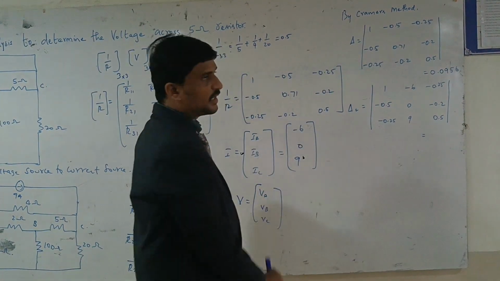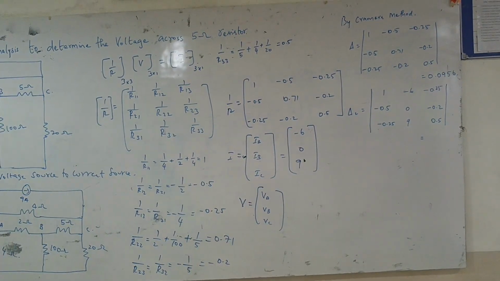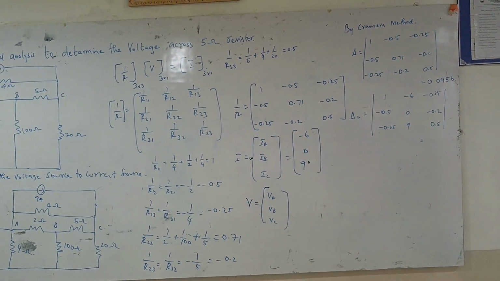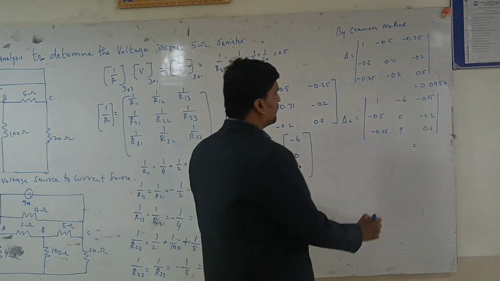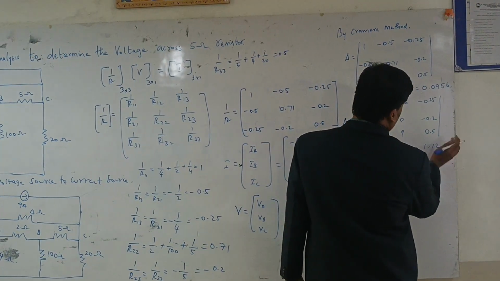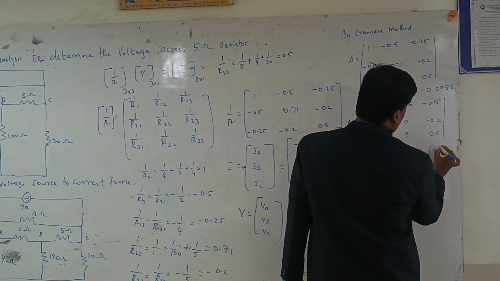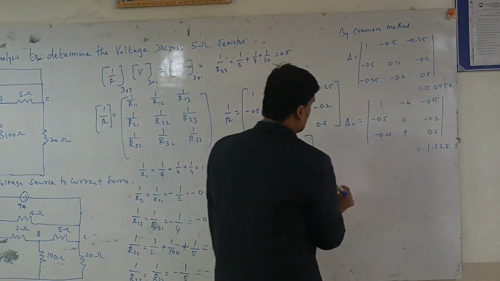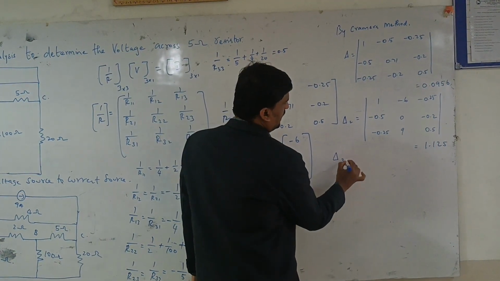So the determinant del 2 we are getting as 1.125.